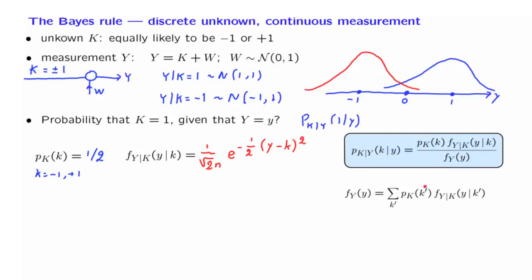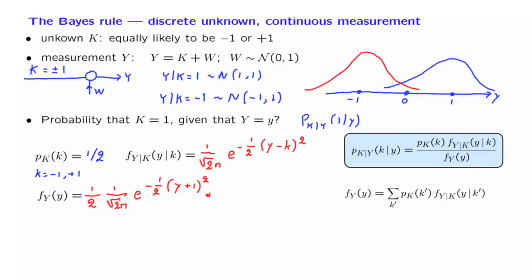We need the term in the denominator, which is obtained by taking a sum over the different choices of k. There are two choices, and each choice has a probability of 1/2. From the first choice, we have 1/2 times the density of y when k is equal to -1. And when k is equal to -1, we obtain this expression.